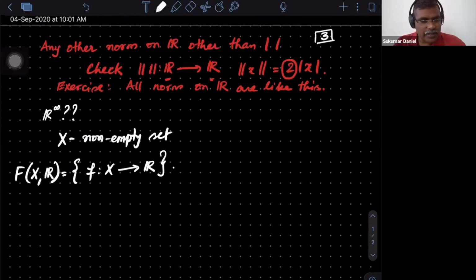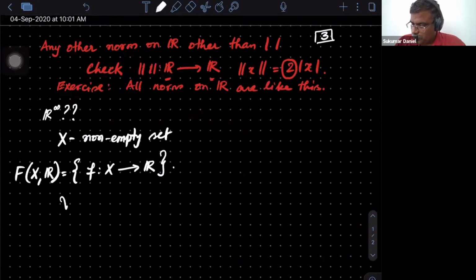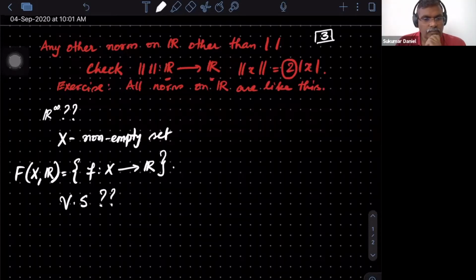So the first question that I want to ask is, is this a vector space? Of course, to say that it is a vector space, one has to say what is the addition and scalar multiple. What is the addition?